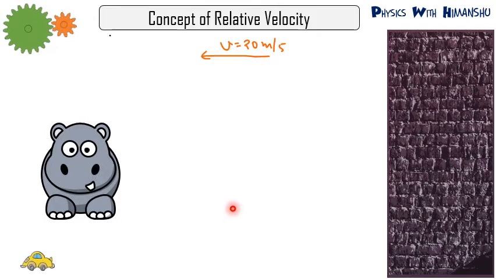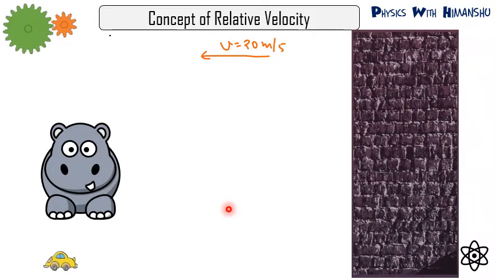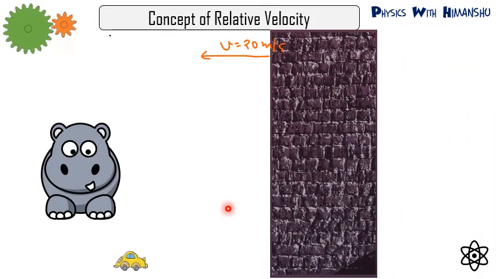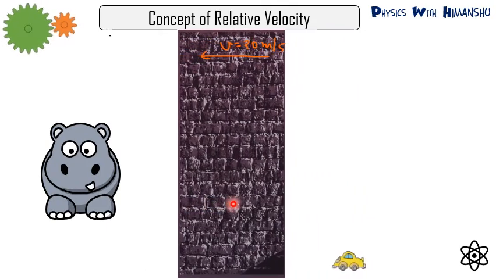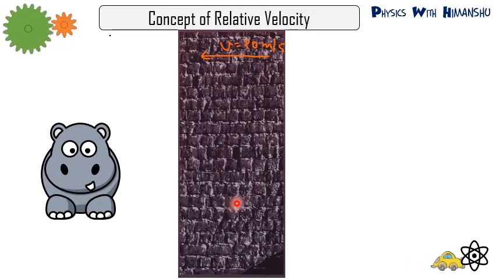So if the hippo looks at the wall, he will see that the wall is moving towards him with 20 meter per second. Now please remember this concept. When you are moving towards something, you feel that that thing is moving towards you. Okay, so relative velocity is all about that. So relative velocity is velocity of any object measured with respect to any other object.